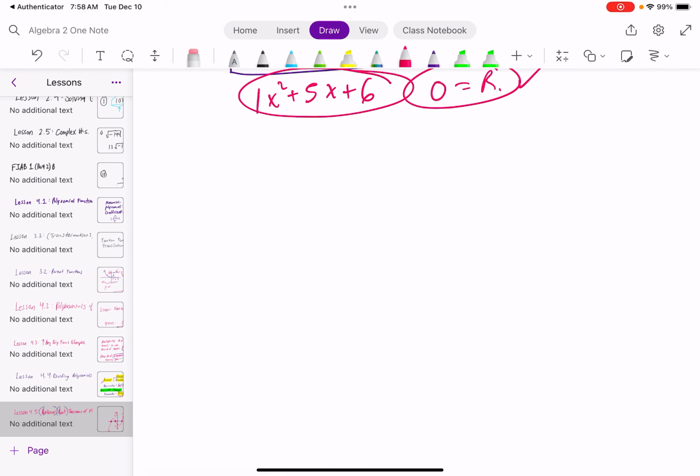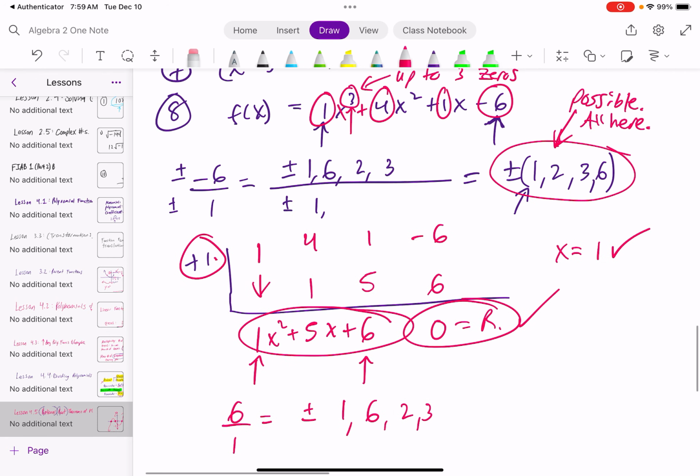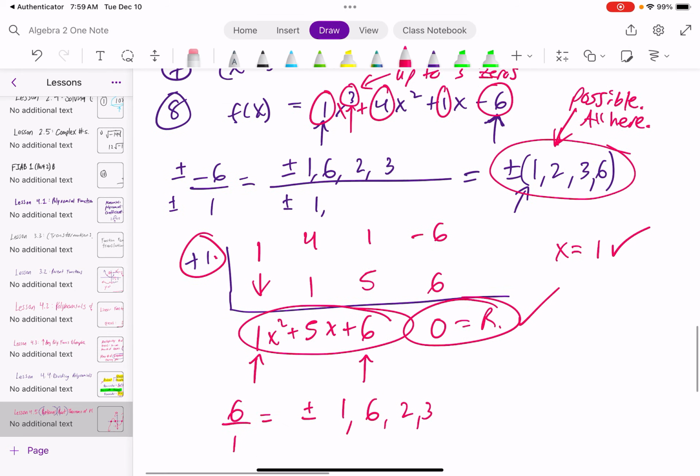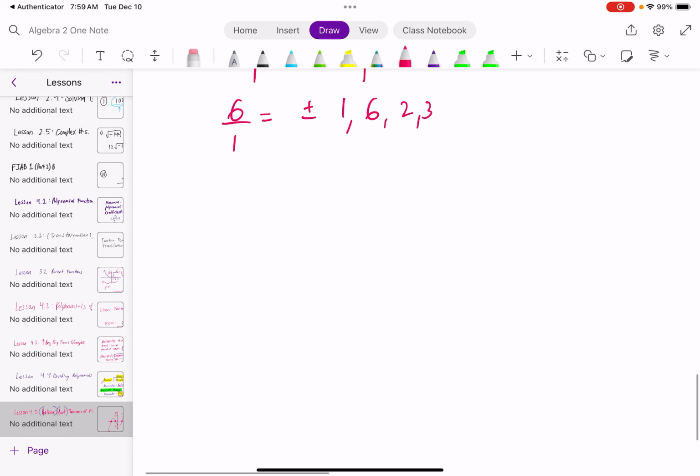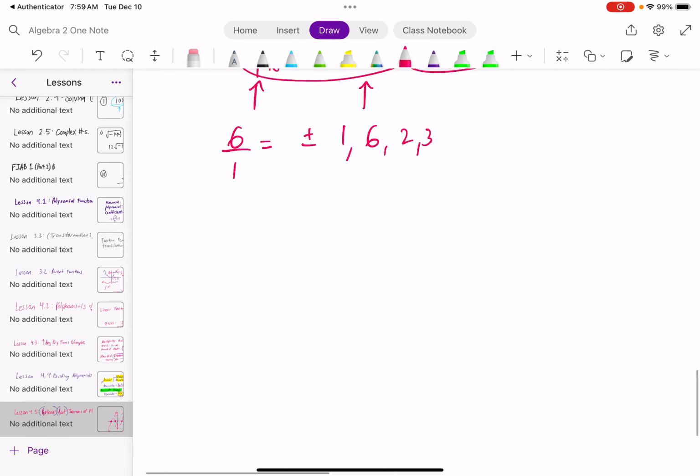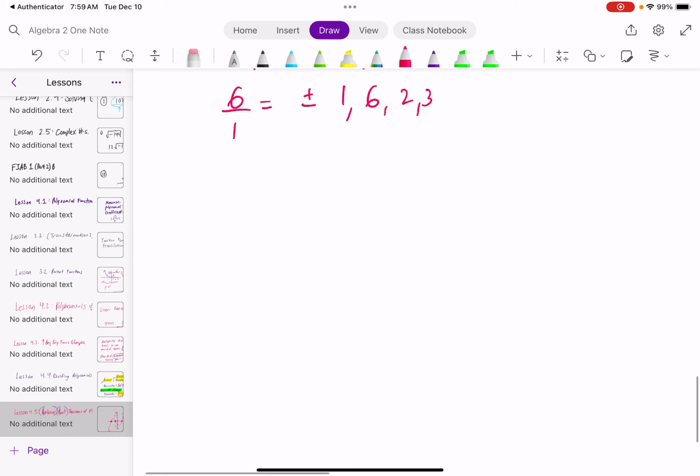Now your constant over leading coefficient is 6/1. So it's plus or minus 1, 6, 2, and 3. I guess that's the same thing. But, I mean, it should, in theory, get more simple.